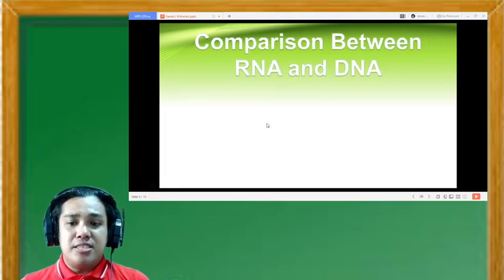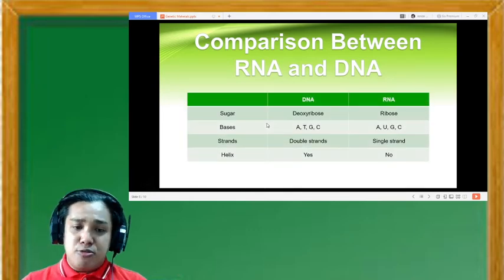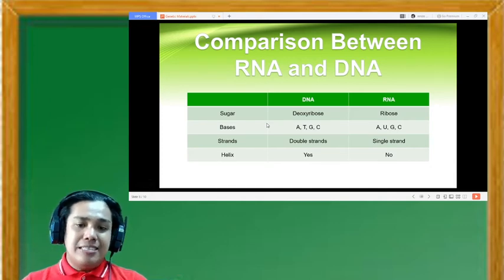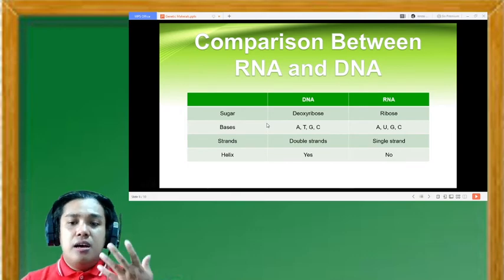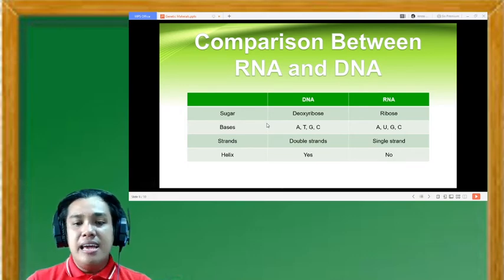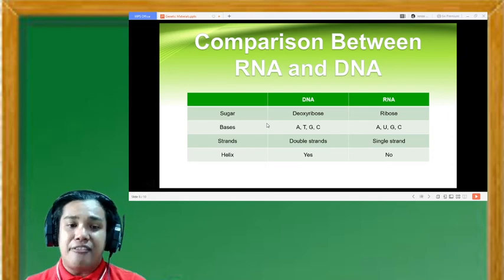So the comparison of the RNA and DNA, okay, when it comes to sugar, bases, strands, and helix. First, on sugar, DNA has the deoxyribose. RNA only has a ribose, okay? Deo, from the word deo, double, parang dalawa, right?